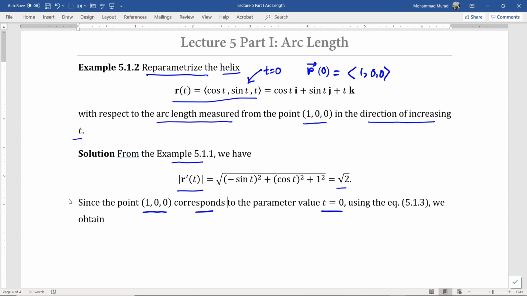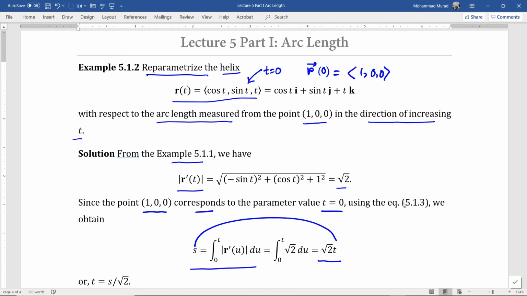And using equation 5.1.3, we obtain this integral, which when integrated gives square root of 2 times t. So the arc length is represented in terms of the parameter.